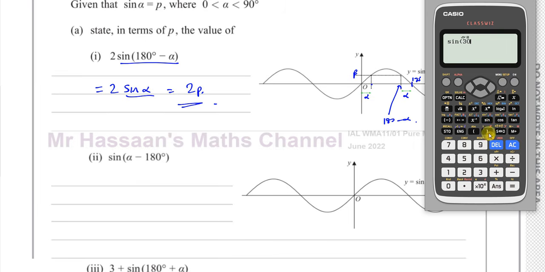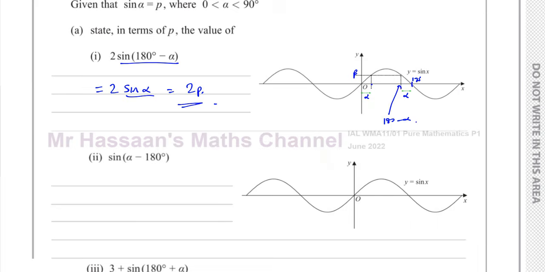And if we find 2 times the sine of 180 minus 30, that should give us 1 if we're correct, because it's 2 times what that value is. We know that the sine of 150 is also a half. 2 times a half is 1. So it works with this number that we have just decided to test it with.